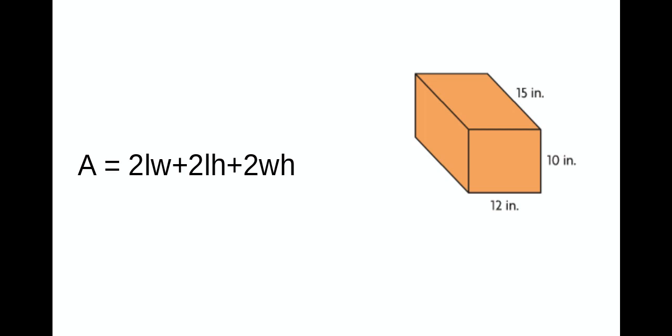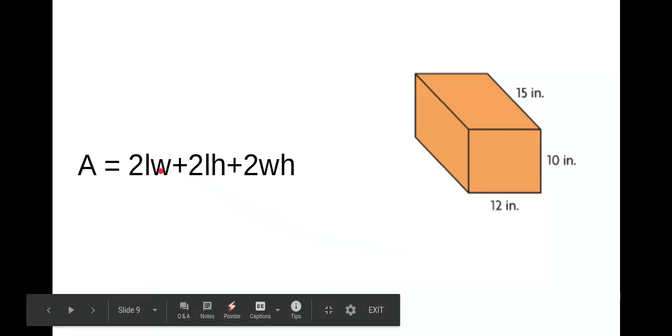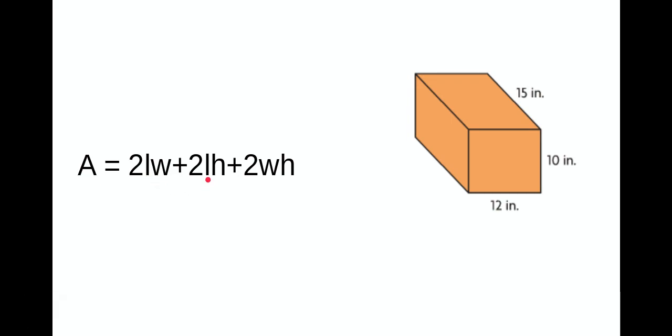So we have A equals 2LW plus 2LH plus 2WH. The L stands for length. That's what these are here. Remember, we use lowercase l's, preferably cursive ones, but you can't really use cursive on a computer. W stands for width, and H stands for height.